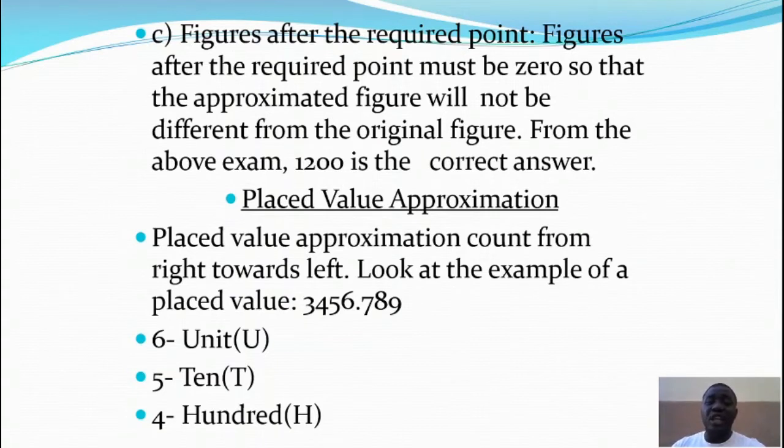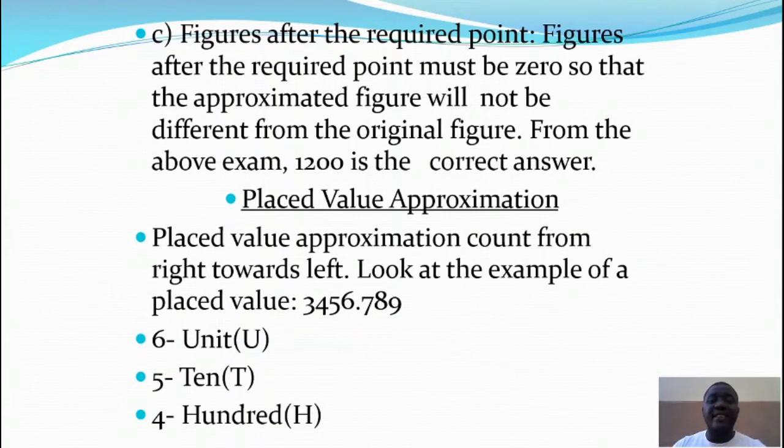So now, with this example, we have 1234 as the original number which I used to do this demonstration. And when they say to two significant figures, we do the counting: 1, 2, and 2 becomes our required point. So in step 2, we look at the next figure after the required point 2, which is 3, and 3 is among 0 to 4. So that is why we just leave the 1, 2 there.